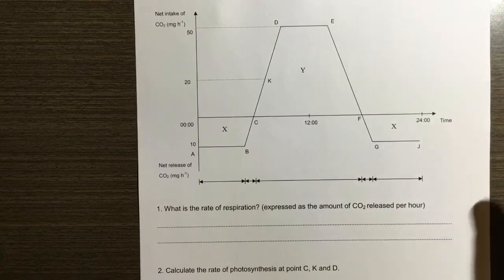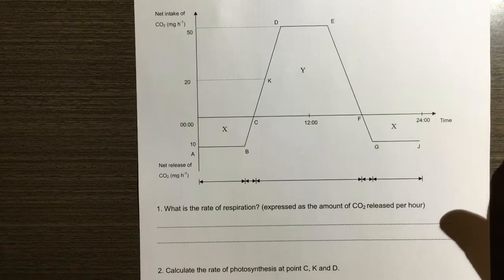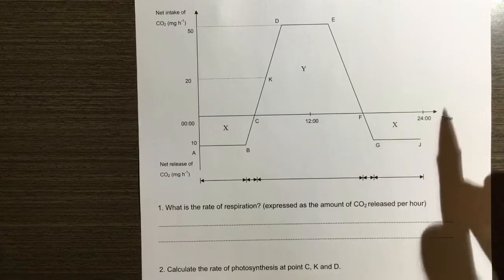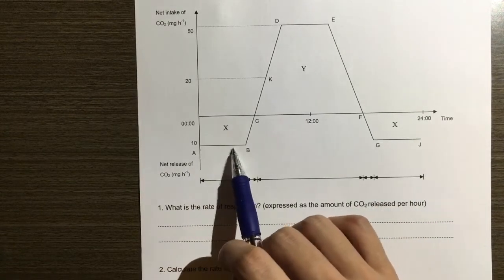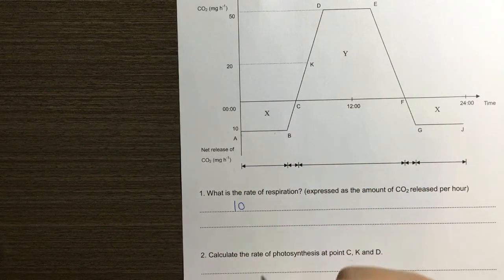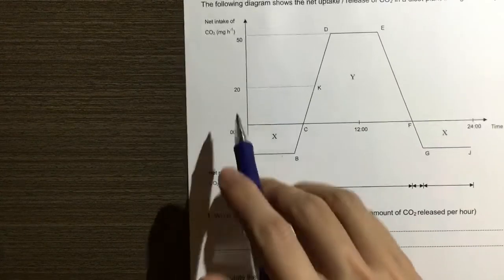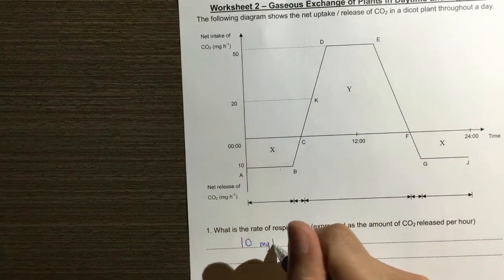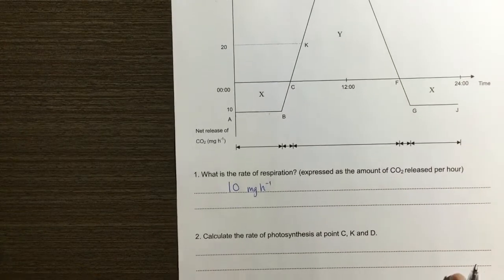Do you look for daytime or nighttime? Think about it, right? So you look for nighttime, you look for the point or the time that there is no light at all. So probably it's AB, right? So the rate of respiration is 10. Don't forget to copy the units. All right, mg per hour. That's easy, right?